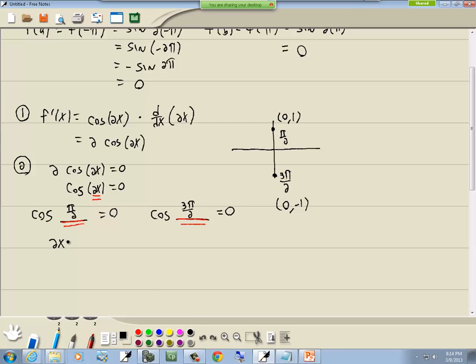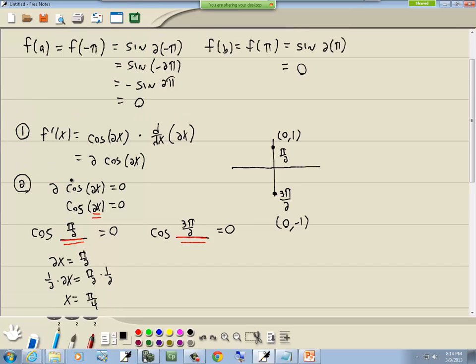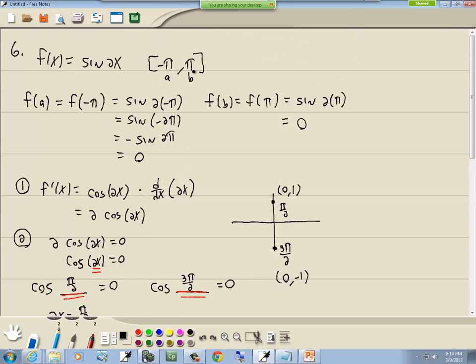So I have 2x equals pi over 2. Multiply both sides by 1/2, and we get x is equal to pi over 4. Question is, is this between negative pi and pi?